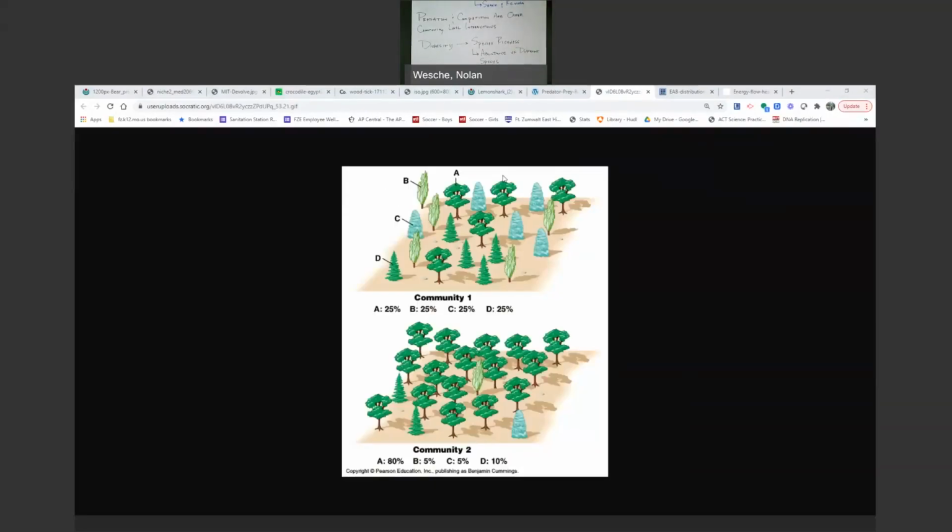So if species A in our communities are ash trees, community two is going to face significant disruption and the stability just isn't going to be there. Where in community one, you would still have 75% of your species intact if your A is representing this ash tree.